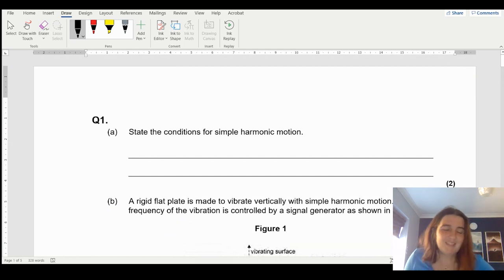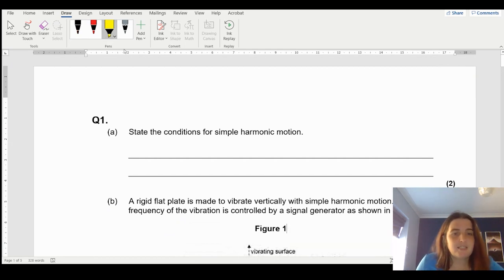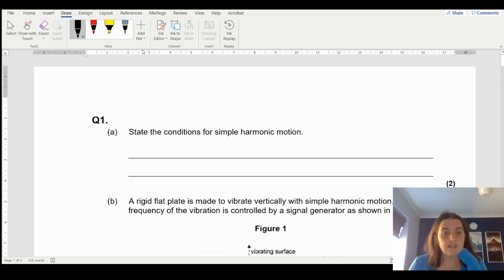So let's begin. So this question here, state the conditions for simple harmonic motion. This question comes up so much. They sometimes say define what is meant by simple harmonic motion and things like that.